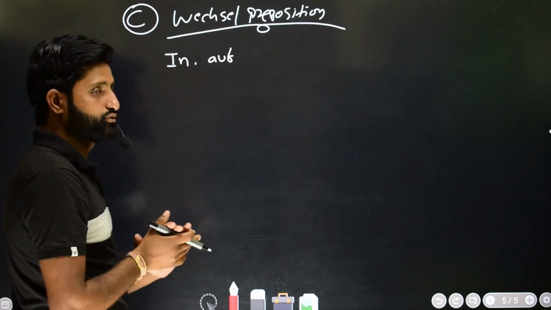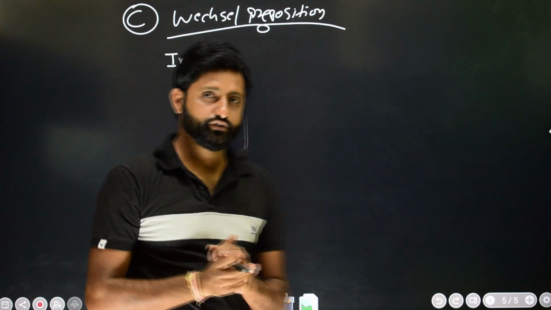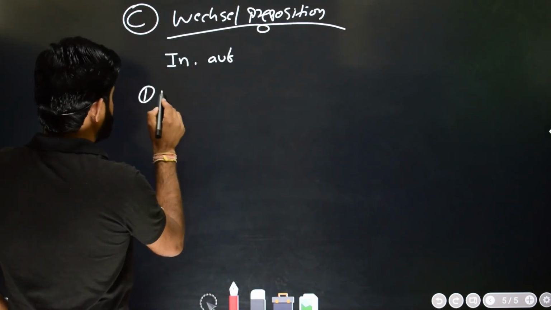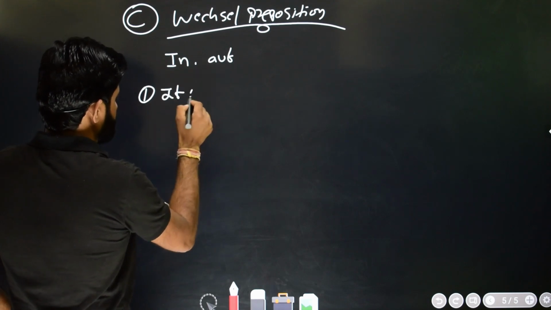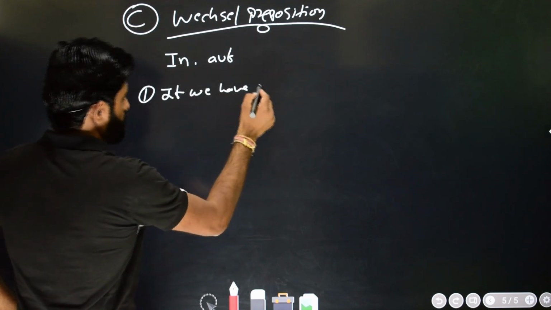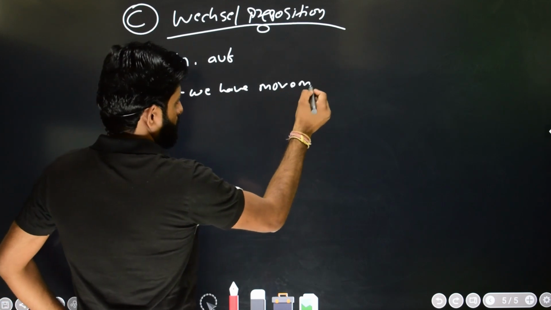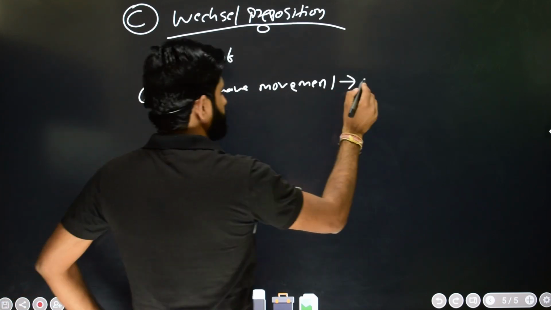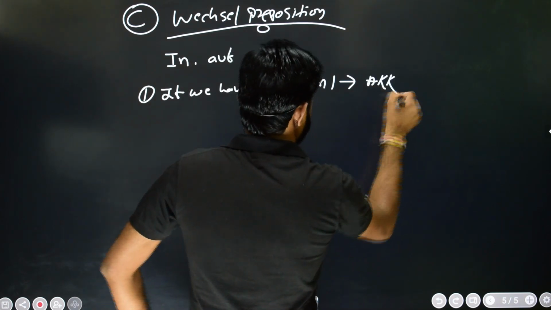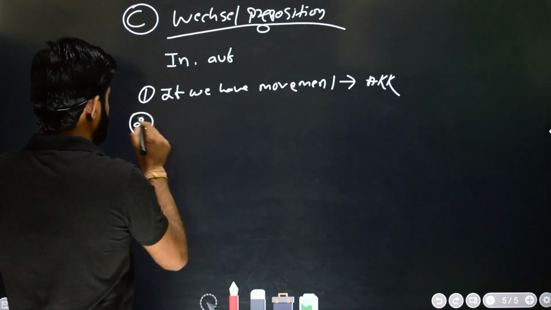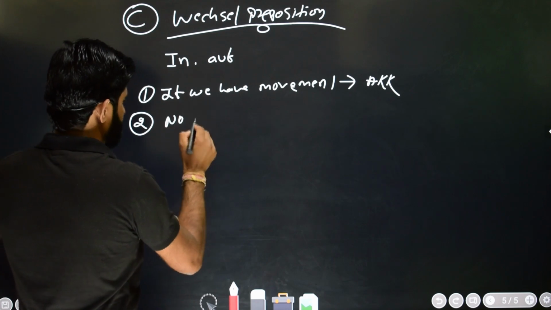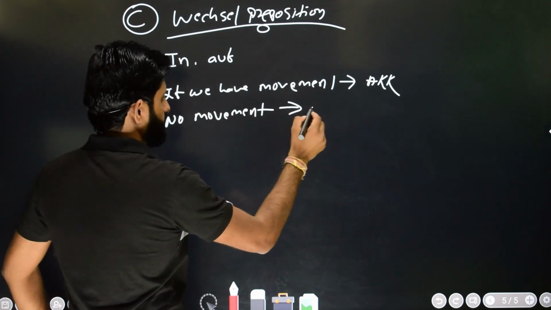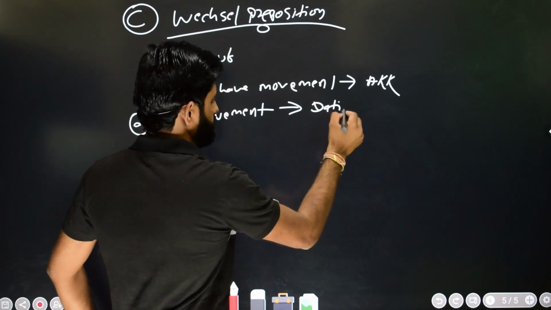So what are the rules for the Wechsel prepositions? There are two types of rules. So first we can cover it like this. First one is, if we have the movement, then this Wechsel preposition will be used in accusative. If we do not have any movement, no movement, then we can consider it as dative.